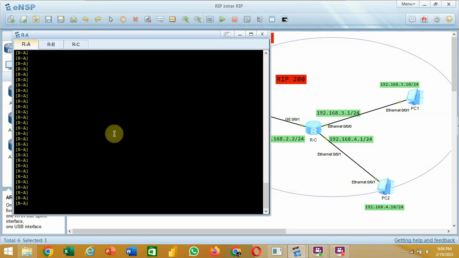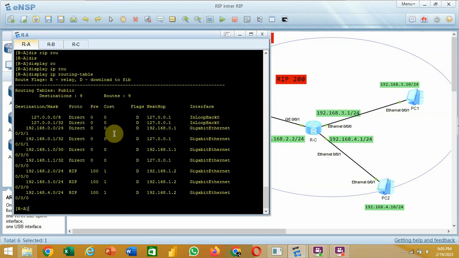On router A, we can check our configuration with the IP routing table. We can see router A is accessible to networks 3.0 and 4.0.